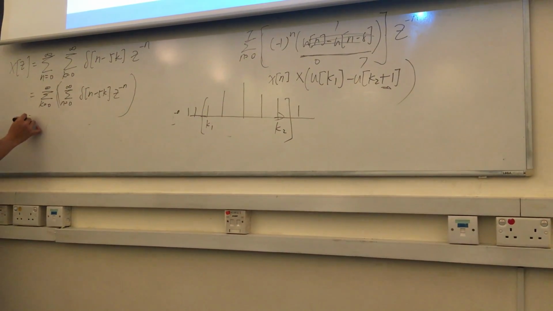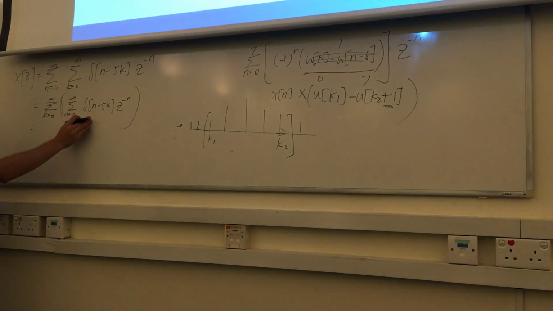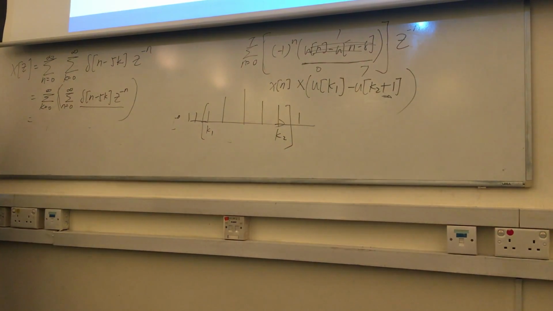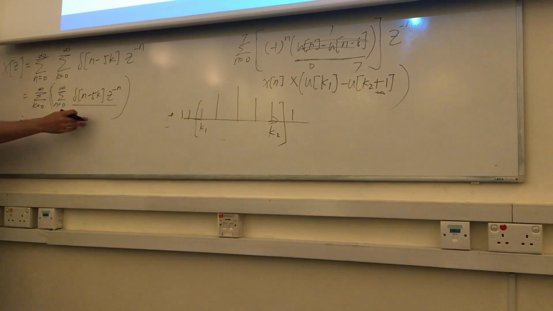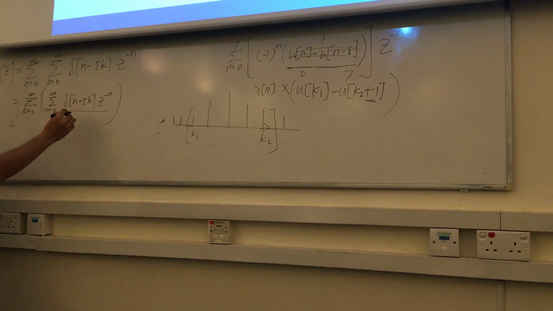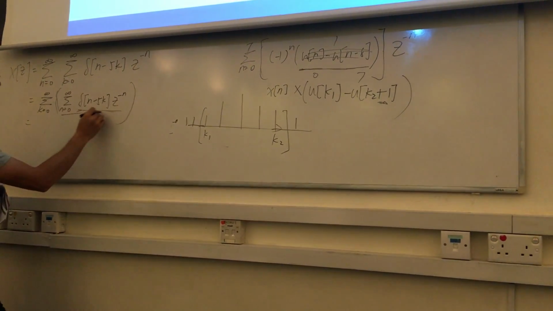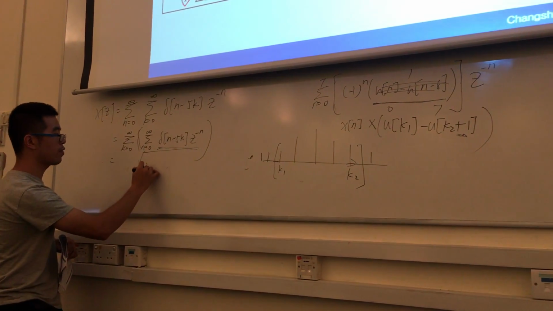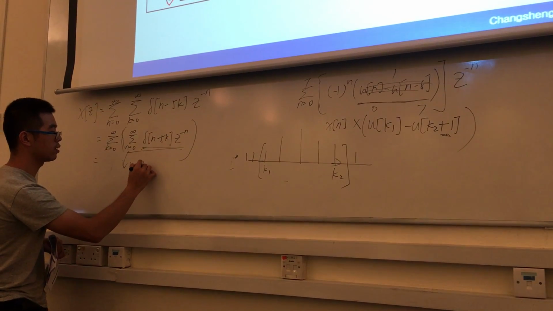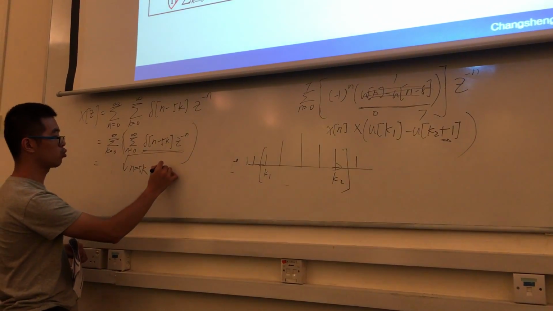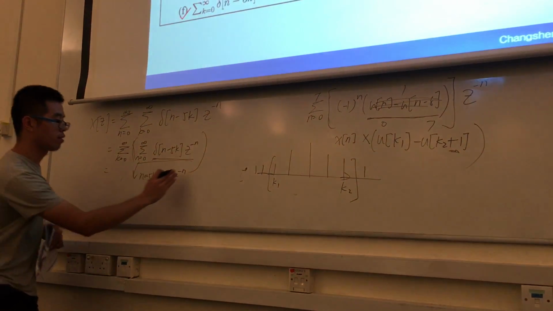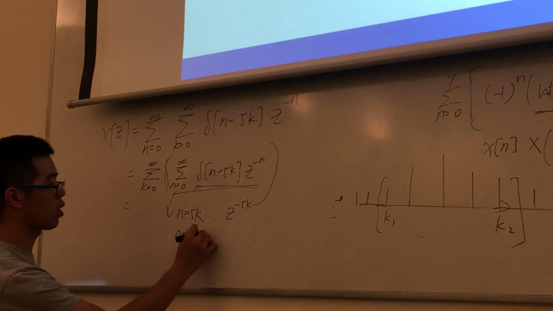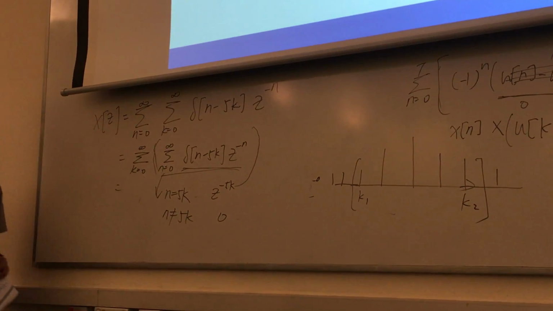All right. So for this function, it can transform to... so this one means when n is equal to 5k, this part is equal to z^(-5k). When it's not equal to 5k, this is equal to 0, right?